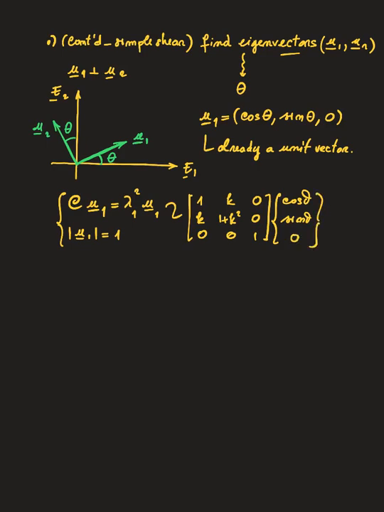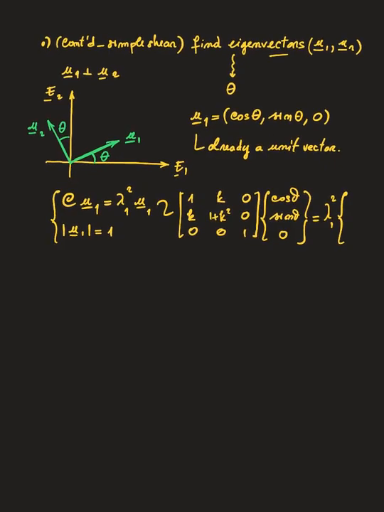And then this is equal to lambda 1 squared, which is the eigenvalue I found in the previous page, times again cos theta, sine theta, and 0. Okay? So this is an equation. By solving this equation, we can solve this problem. Let's find the two equations coming from this problem here.